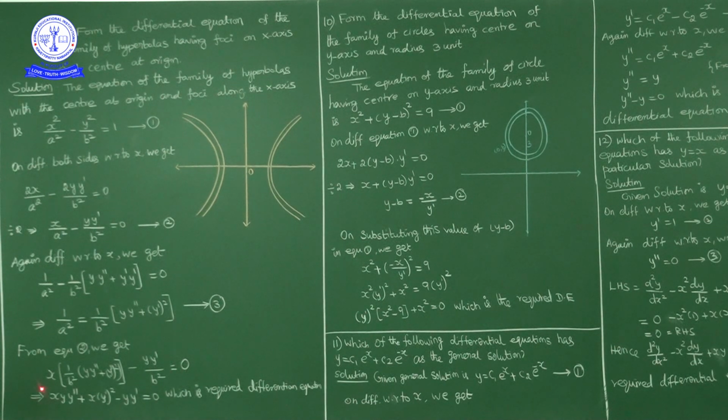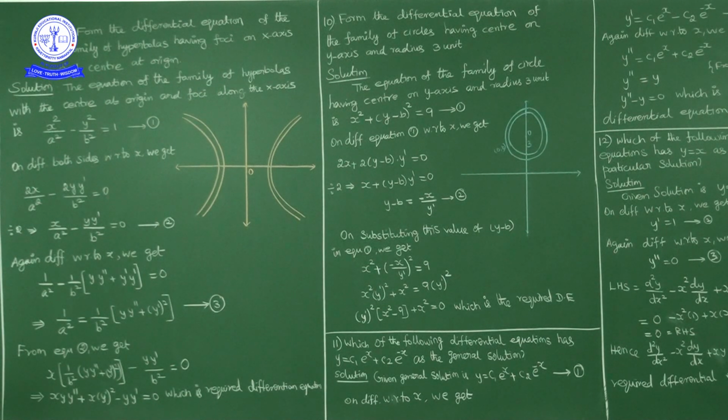Now taking LCM b² and cross multiplying, we get x y y'' + x y'² − y' = 0. Here both arbitrary constants a and b are eliminated. So this is the required differential equation.